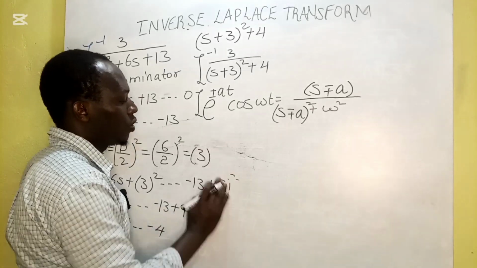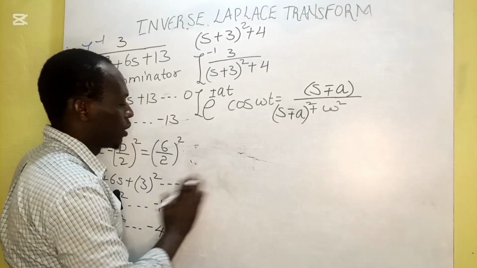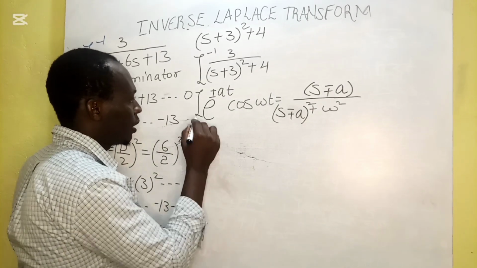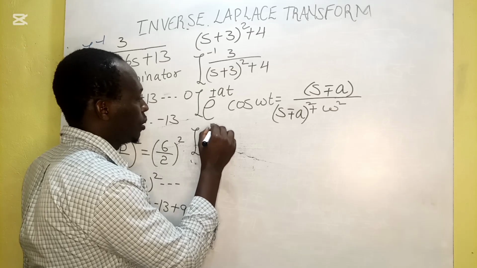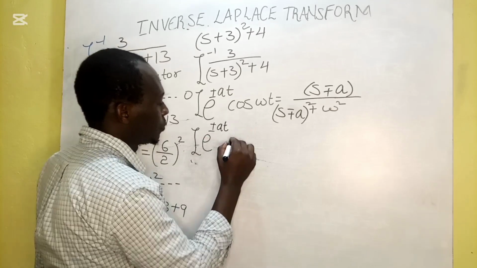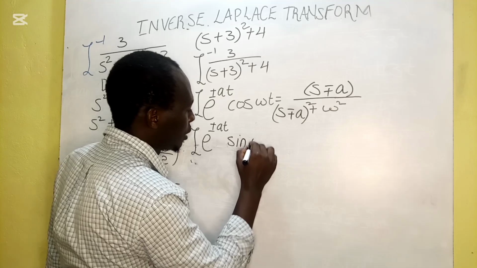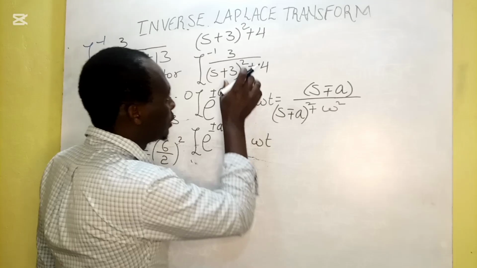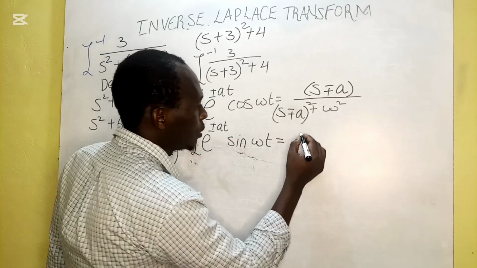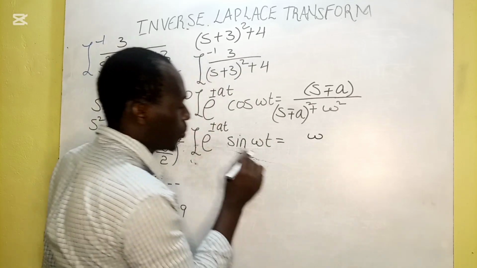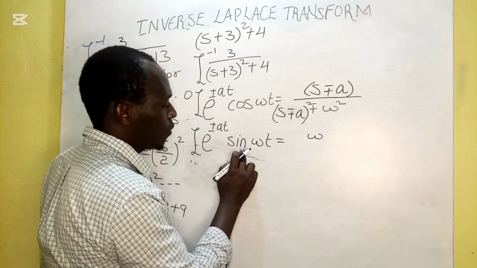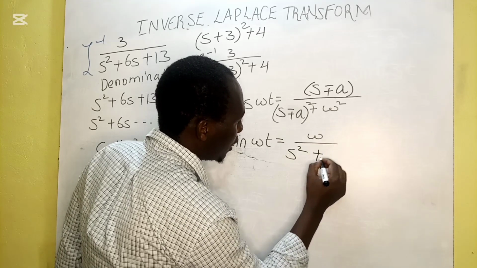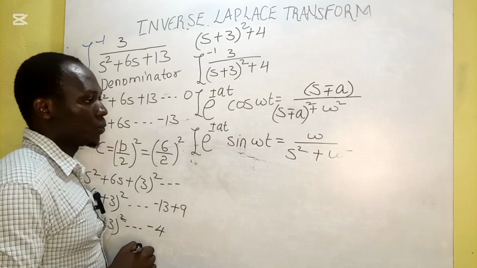You go and check on sine. The Laplace transform of exponential positive or negative at, sine of our angle, if it can match whatever we are having at this point. Here we are going to have our angle, because we must get the Laplace transform of sine t all over s squared plus our angle squared.